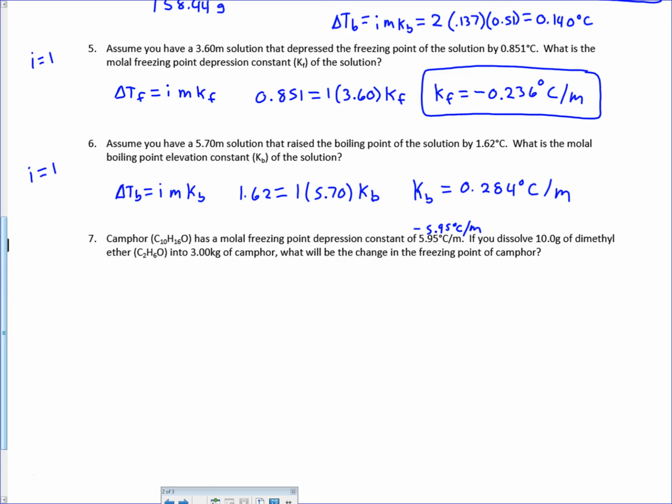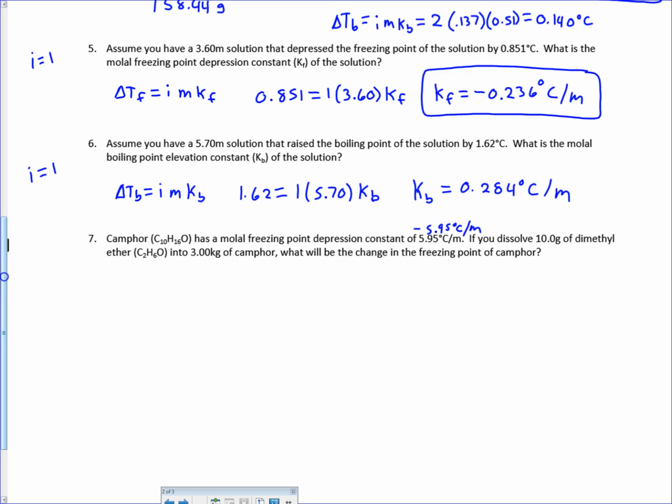So later on we'll plug it in that way. And then what we're doing is we're dissolving this dimethyl ether into the camphor. And so it tells us the amounts. This is not that much different than the problems we've been doing in the past, except instead of water this time we're using that camphor.